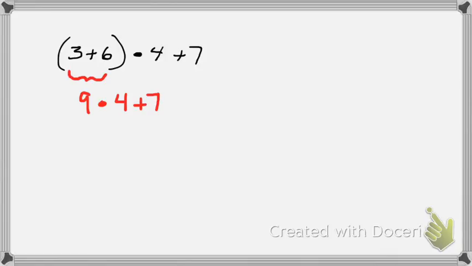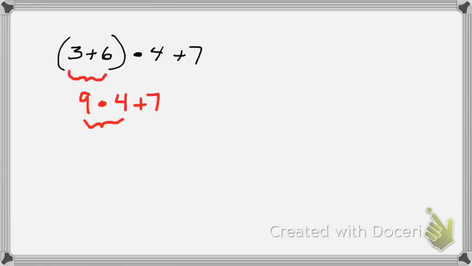So we did parentheses. Now we're going to do exponents. Do you see any exponents in the problem? I don't see any. So we're going to skip that step. And now we go to multiplication or division. I see some multiplication right there. So now we're going to go 9 times 4.